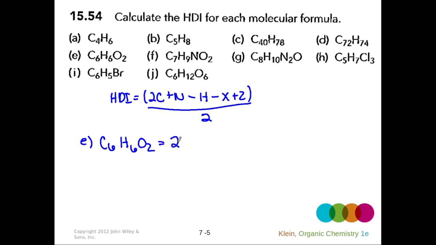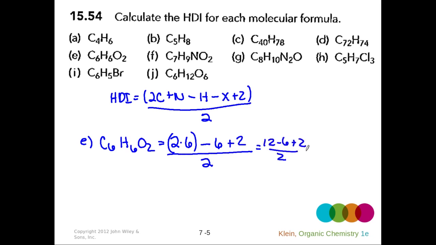Okay, so let's work another problem. Let's do E. Okay, so here we have an oxygen. Remember, oxygen doesn't affect our HDI, so we don't have to consider it in the formula. Okay, so remember our formula is, in fact, I think I'm just going to write our formula right here so we won't have to rewrite that every time we use it.